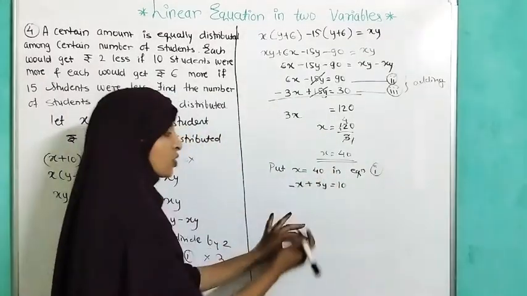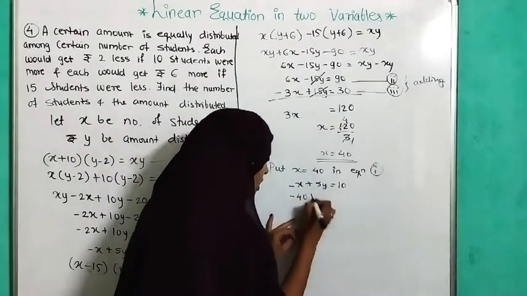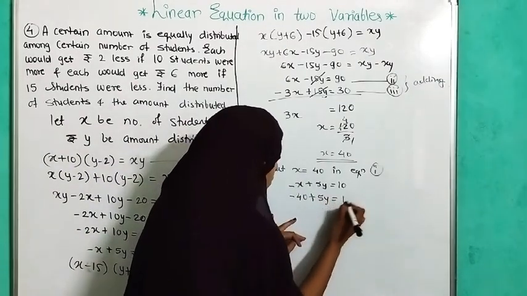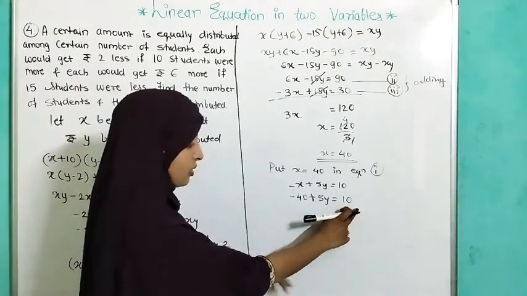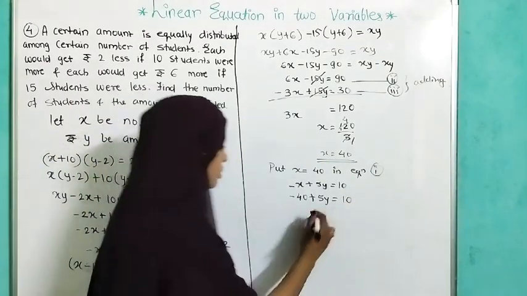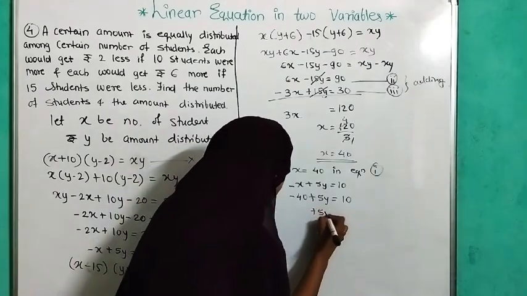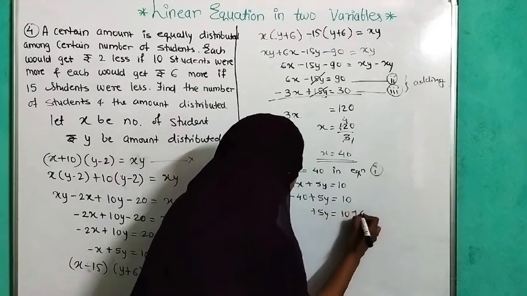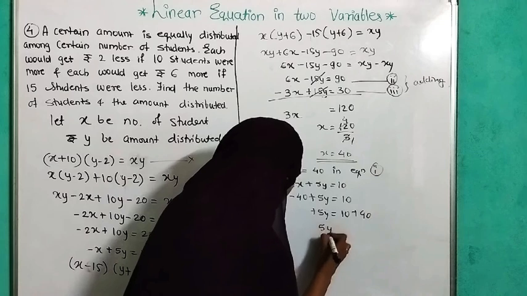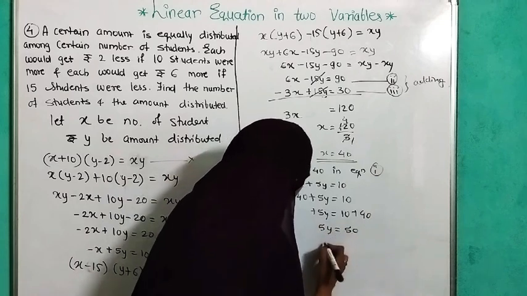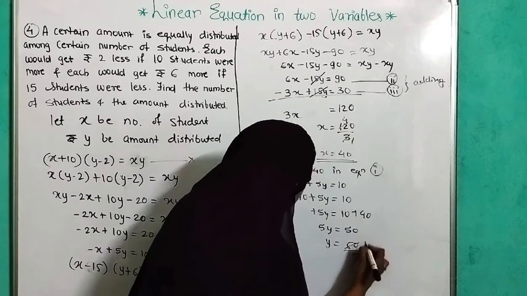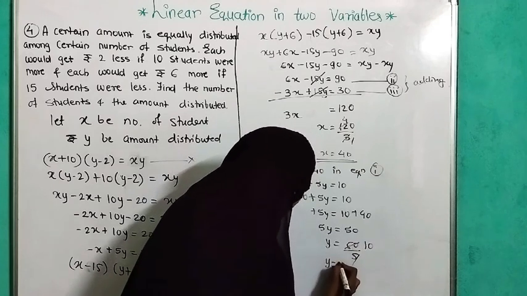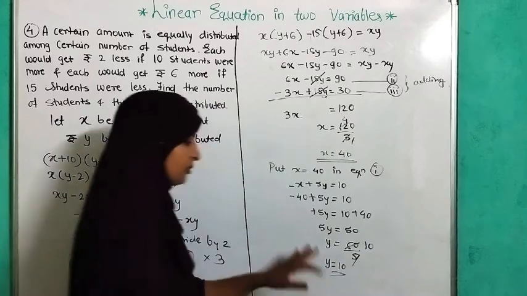Minus 40 plus 5y is equal to 10. Shifting minus 40, it becomes positive, so 5y is equal to 10 plus 40, then 5y is equal to 50, then y is equal to 50 upon 5, 5 times 10 is 50. So the value of y is equal to 10.